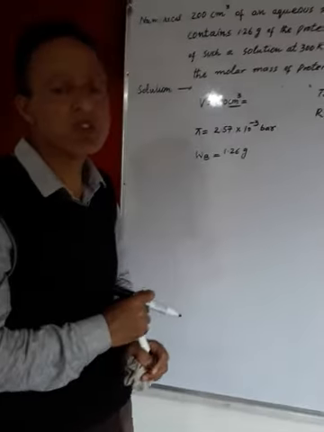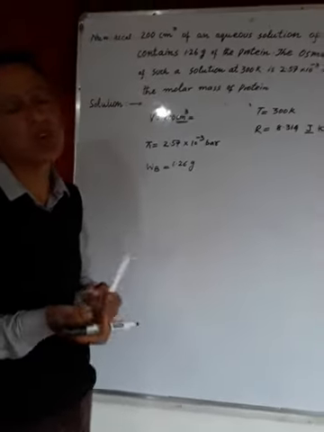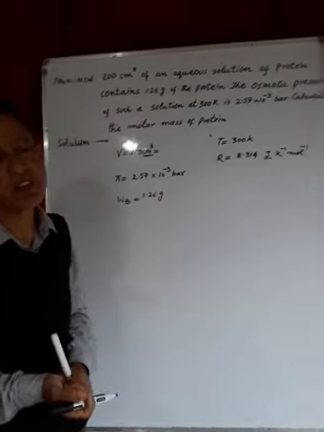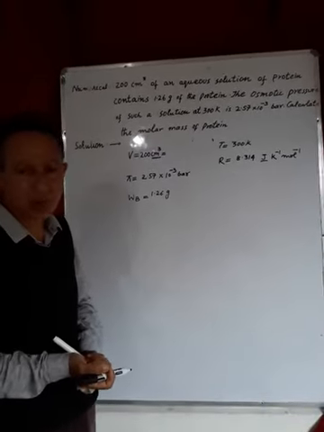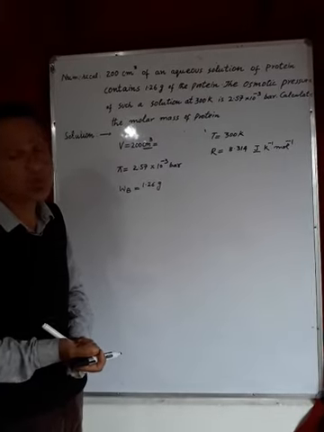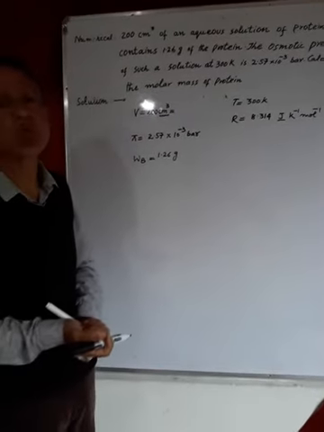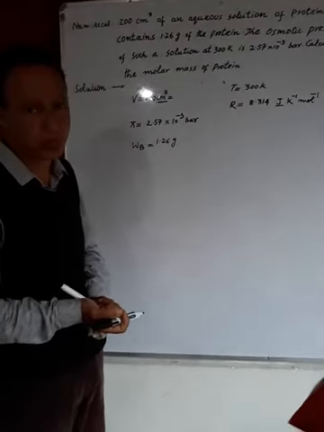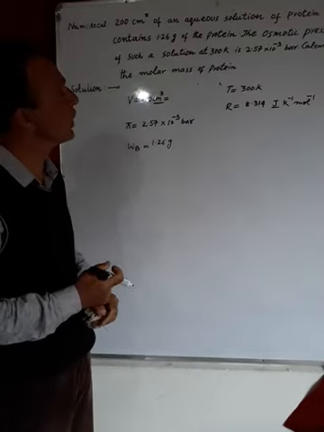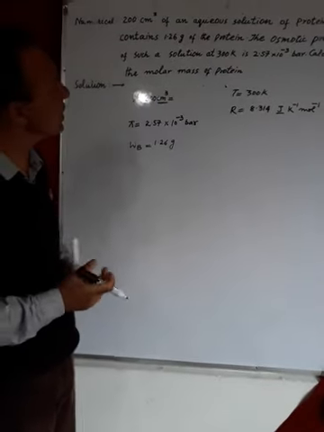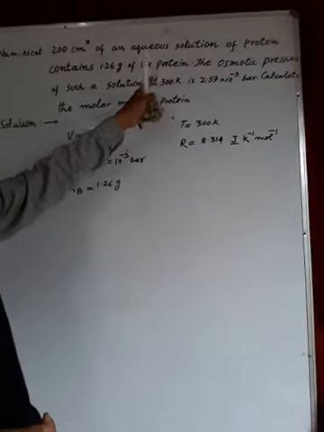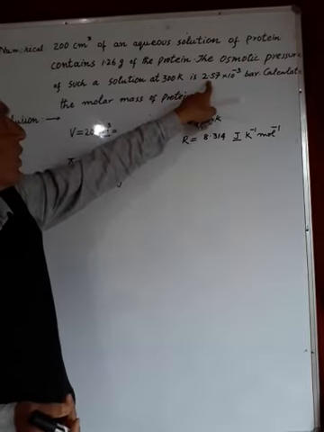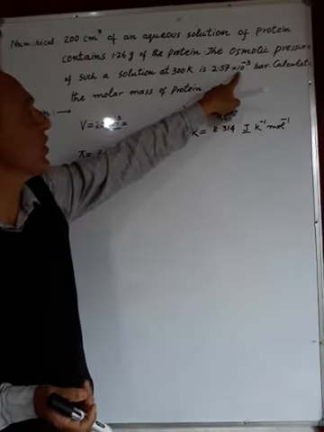We have an aqueous solution of the protein, that means we have dissolved protein in water, and we have taken the protein as 1.26 grams. The whole solution becomes equal to 200 centimeter cube. This is the volume of the solution, the temperature is 300 Kelvin, and the osmotic pressure of this solution is 2.57 into 10 raised power minus 3 bar.